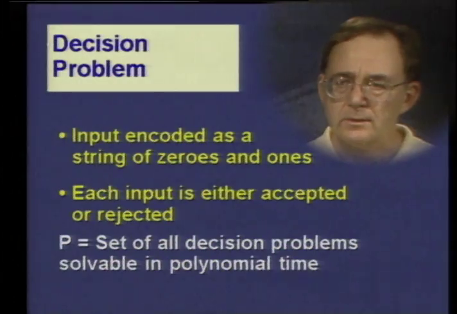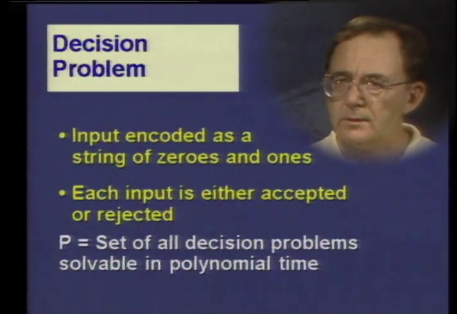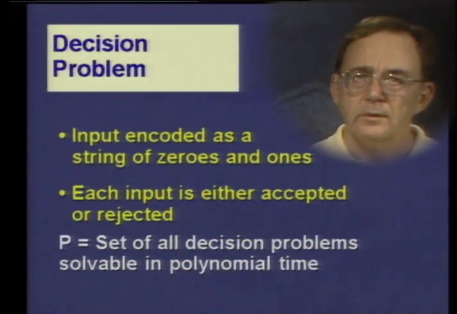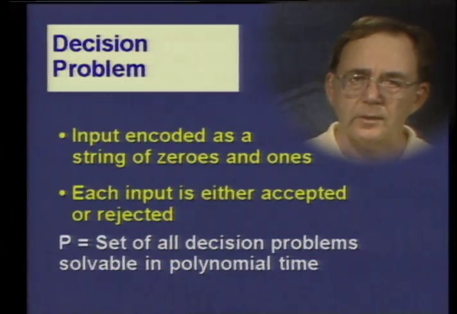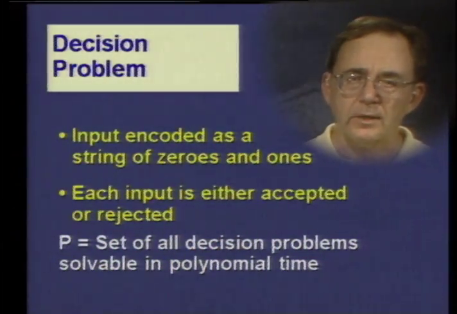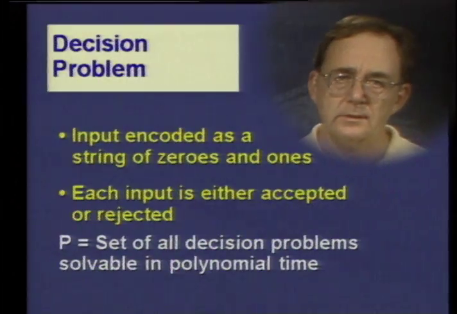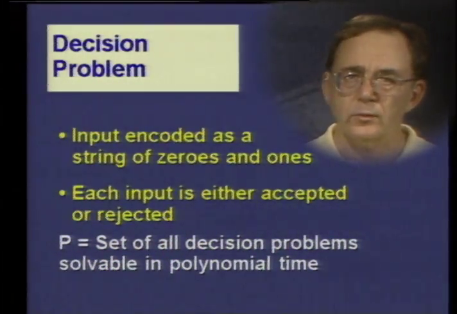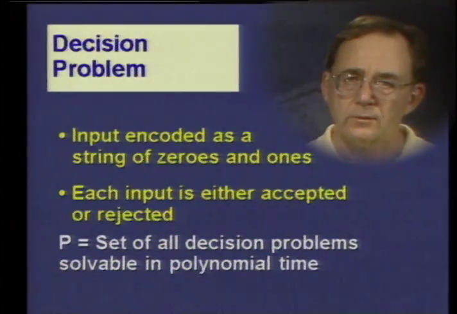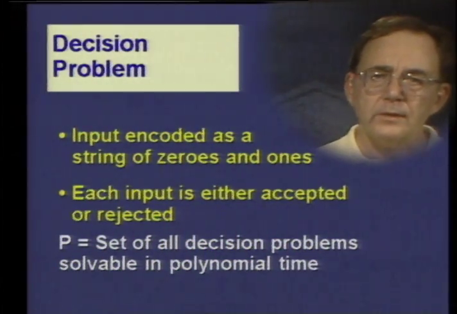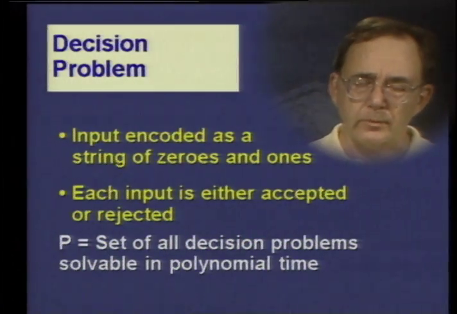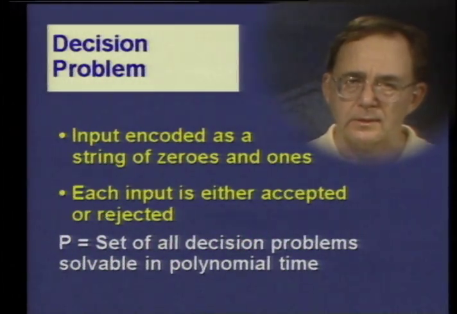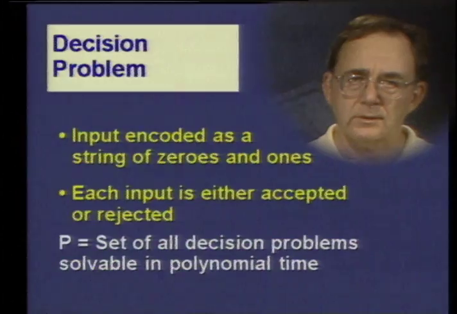The first convention concerns the format for the input. Different combinatorial search problems have inputs of different kinds. In some cases, the input is a graph. In other cases, a number or an array of numbers. In yet other cases, the input might be an algebraic formula or a string. But all of these forms of input can, in principle, be written down as strings of symbols and ultimately encoded as strings of zeros and ones.